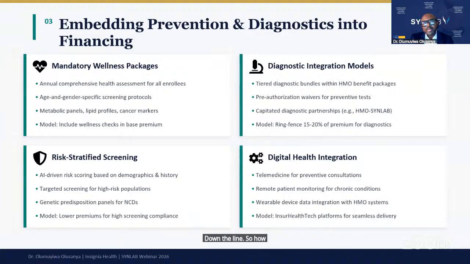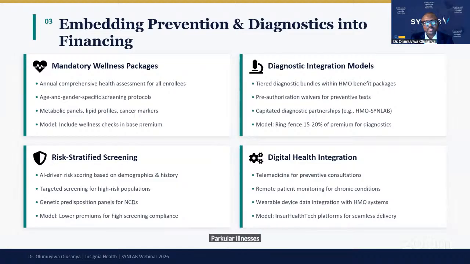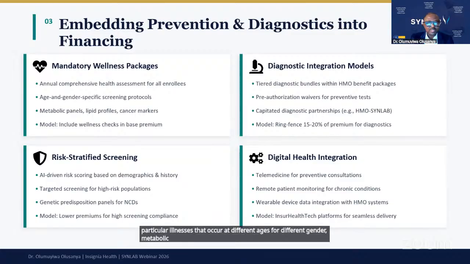So how do we embed prevention and diagnostics into healthcare financing? One of the ways we can do that is to ensure that mandatory healthcare screenings and packages are built into the plans, depending on the budgets and the financing of those plans. Annual screenings, gender-specific screenings to target particular illnesses that require different ages for different genders, metabolic panels, lipid profile, and things like that.